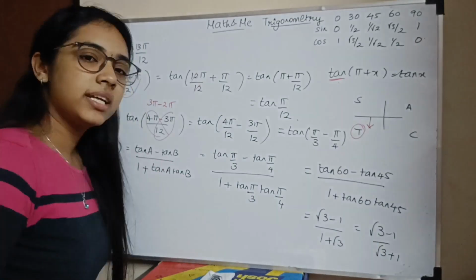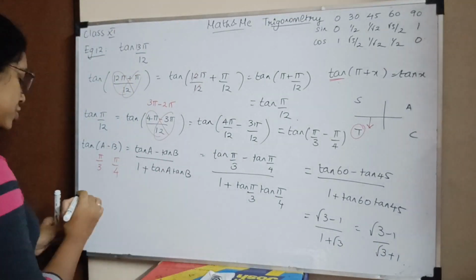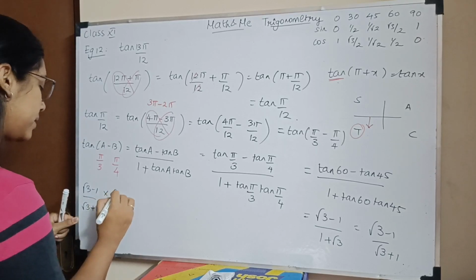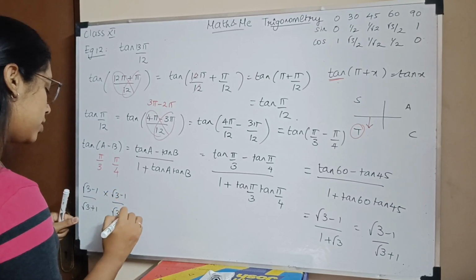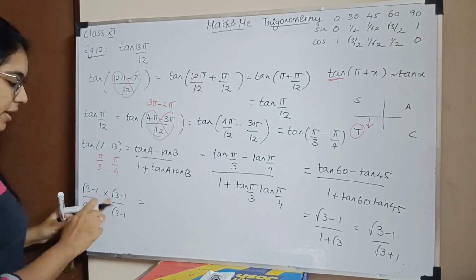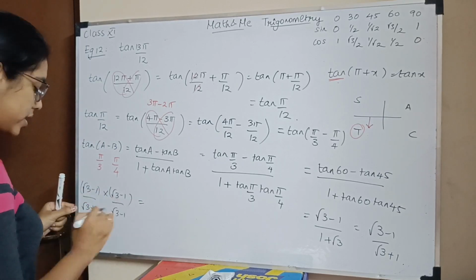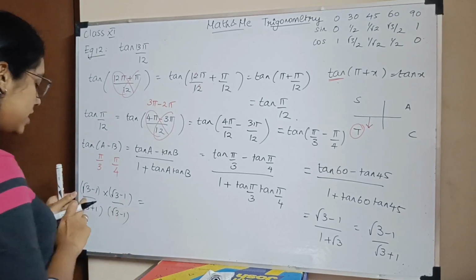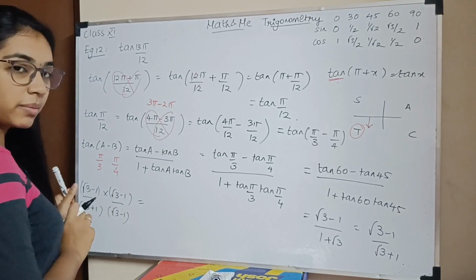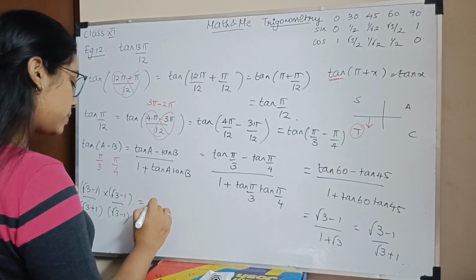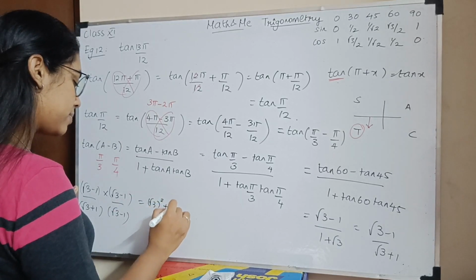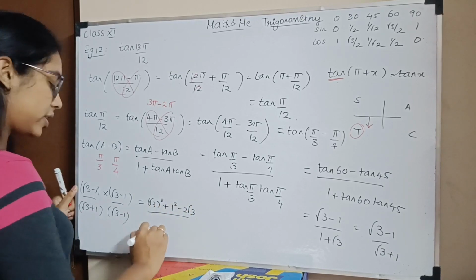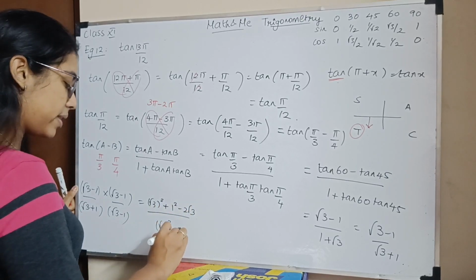So in the denominator there is an irrational number. So how do I rationalize it? I have root 3 minus 1 divided by root 3 plus 1. So I'm going to multiply by root 3 minus 1 divided by root 3 minus 1. So a minus b into a minus b. Put a bracket always, so you will not miss the multiplication terms. So in the numerator, a minus b into a minus b is a minus b the whole square, which will be a square plus b square minus 2ab, divided by a plus b into a minus b, so it will be a square minus b square.